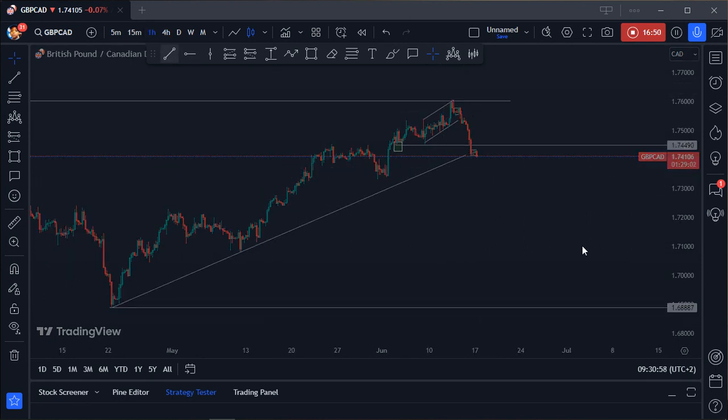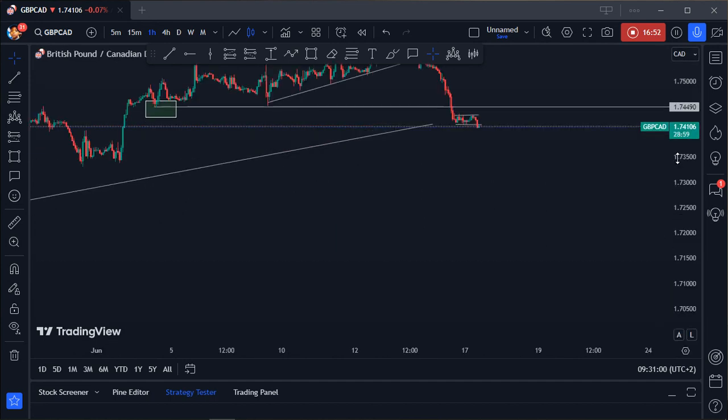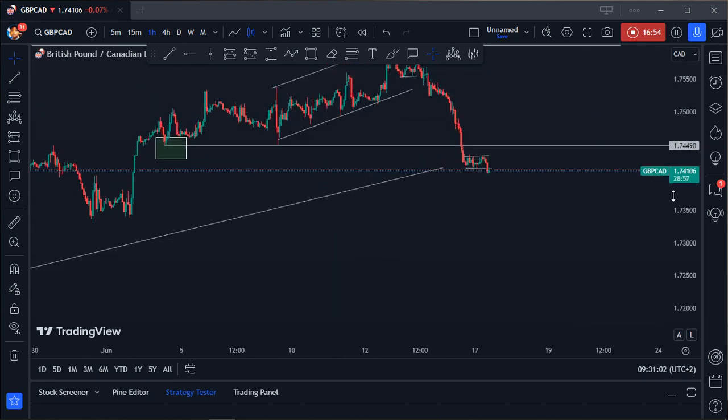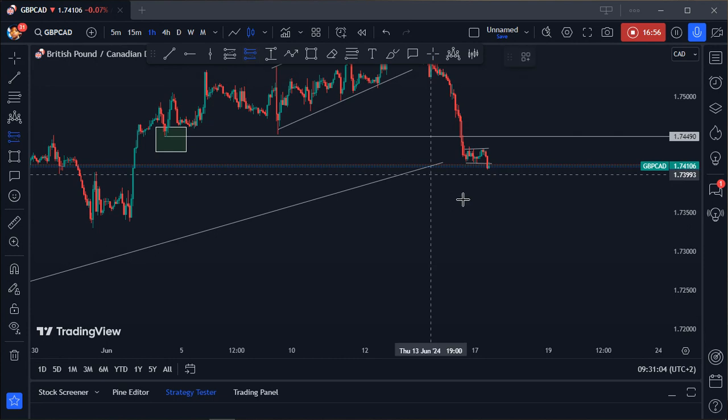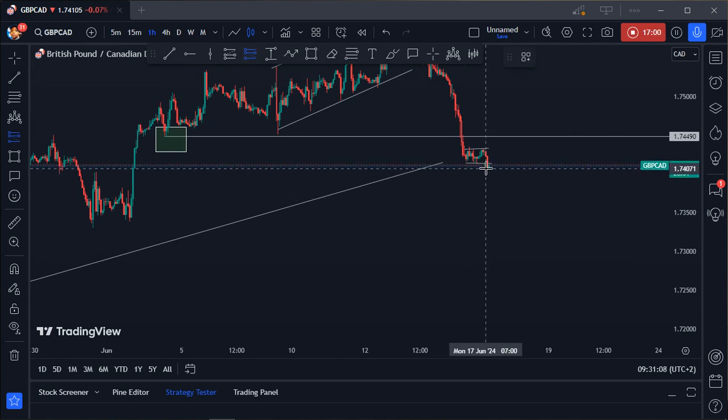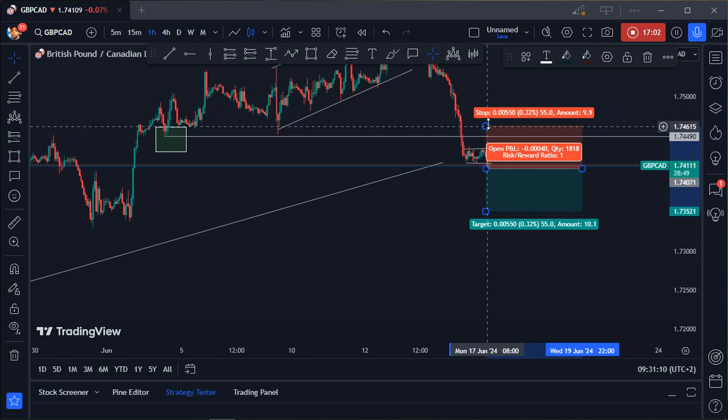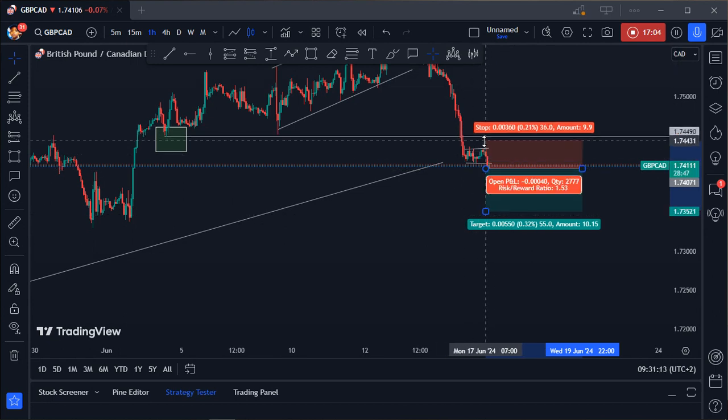So I'm going to the 1 hour, look for my entry, and I'll just enter from there. So this is how I entered my trade. I entered this trade with market execution after this candlestick. This is how I just entered, and basically I placed around 30 pips stop loss.